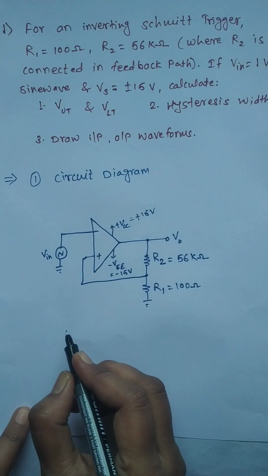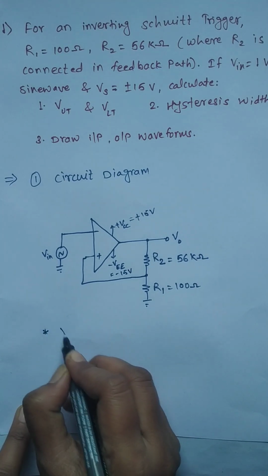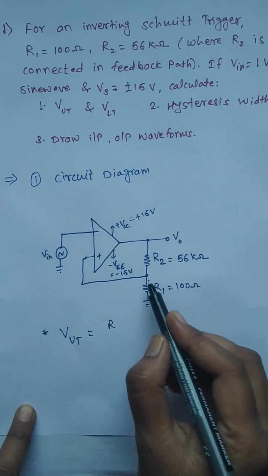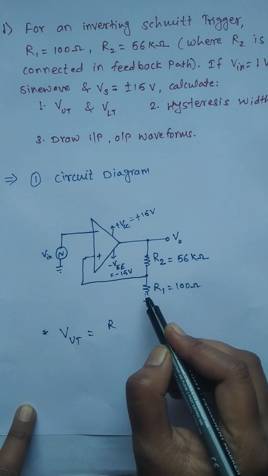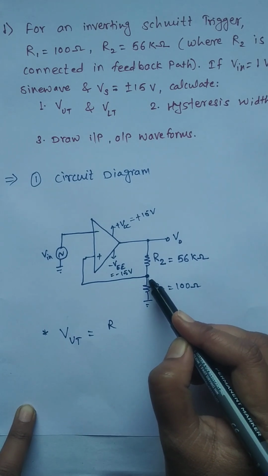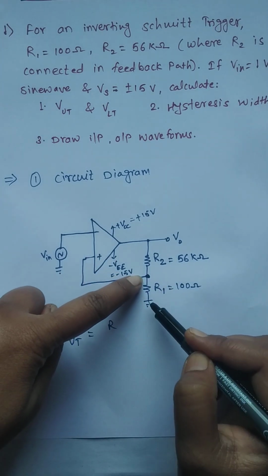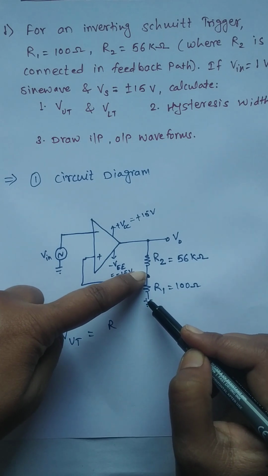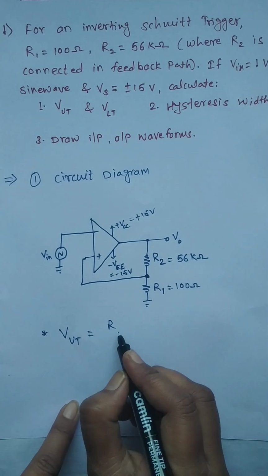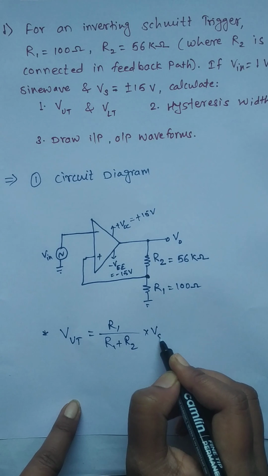Now it is asked to find out VUT and VLT. So write down the formula for VUT. In our earlier formula it is R2 upon R1 plus R2, but remember that for VUT we are getting the voltage at this point, and the voltage at this point is nothing but the voltage available across this resistor. So in this case it will be R1 upon R1 plus R2, multiplied by V saturation.